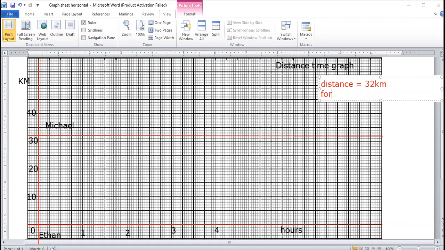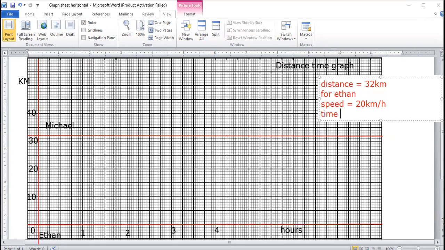Now, for Ethan, speed is 20 km per hour. It means how much time will be taken when Ethan will cover the whole distance? That will be, when I apply the formula, speed equals distance upon time.